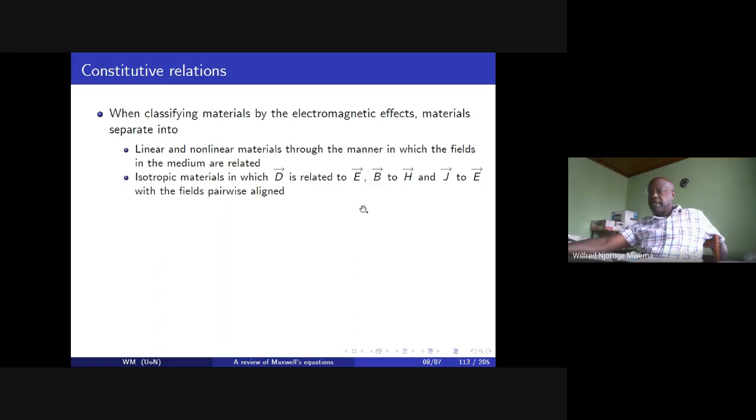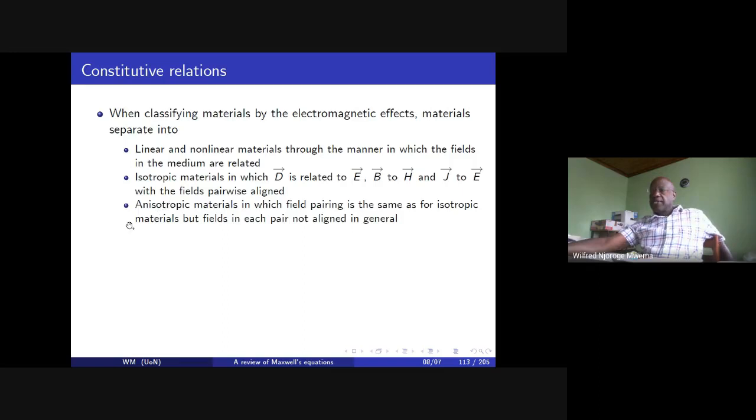That is, they can be generated in the same direction, so to speak. They are parallel to each other. Anisotropic materials have the same field pairing as in the isotropic materials, but the fields in each pair are not aligned in general. That is, if D is facing north, E could be facing northwest or something like that.